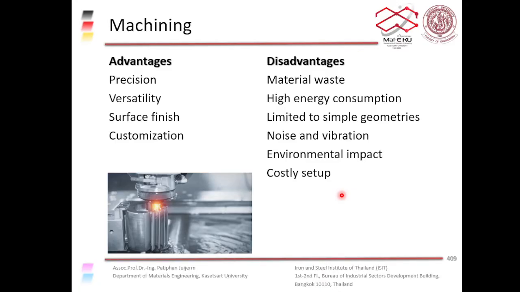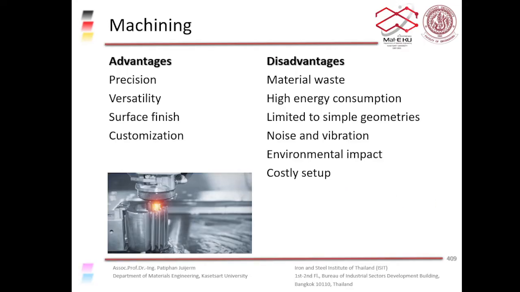So even though it is customizable, it is quite expensive to make. So it is usually used for prototyping or some one-off customization. Cost is the secondary factor, not the main factor, not like mass manufacturing.